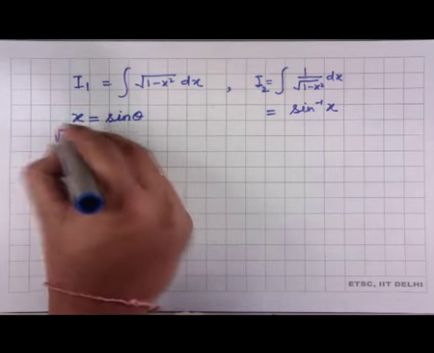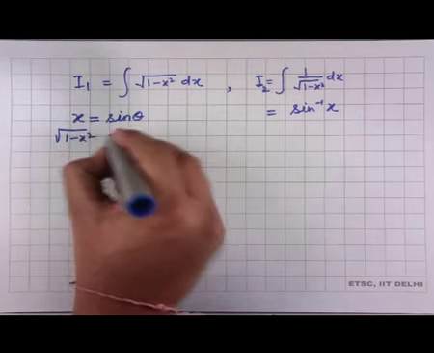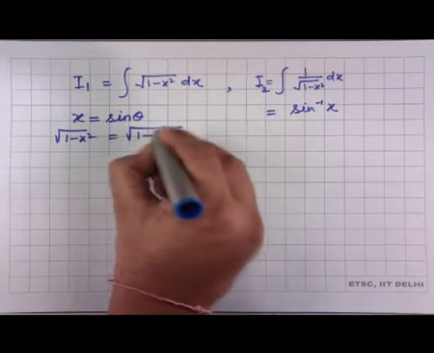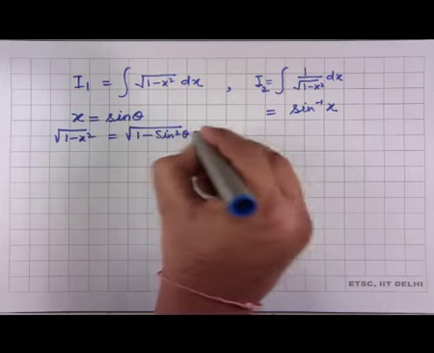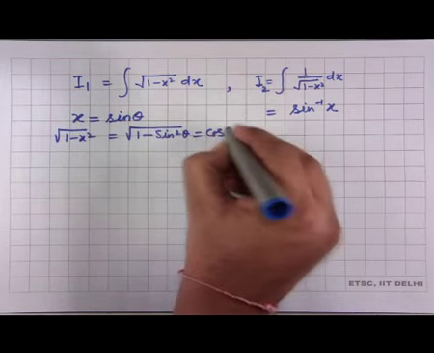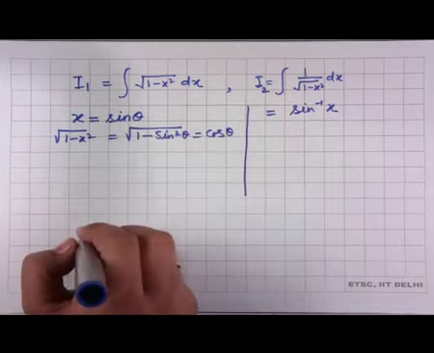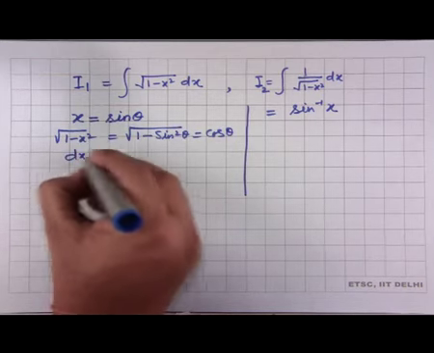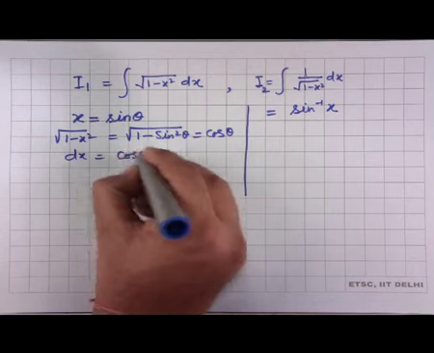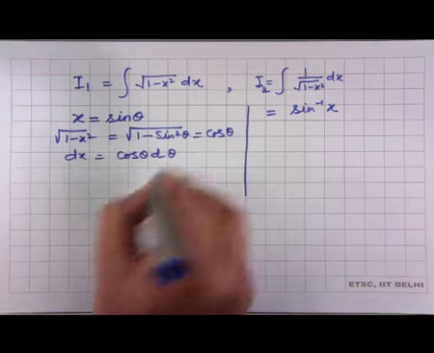So, square root of 1 minus x square becomes square root of 1 minus sine square theta, which is nothing but cos theta, and dx becomes cos theta d theta.